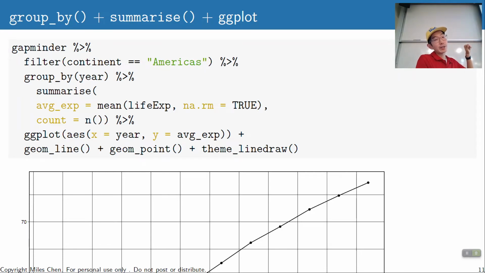If I just did summary on that, it would calculate the average for all 300. But here I'm saying establish groups based on the year. It's going to say, I've got 12 unique years represented: 1952, 1957, 1962, and so forth. For each year, we are going to calculate the average.